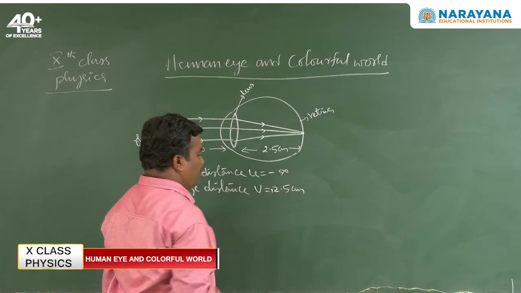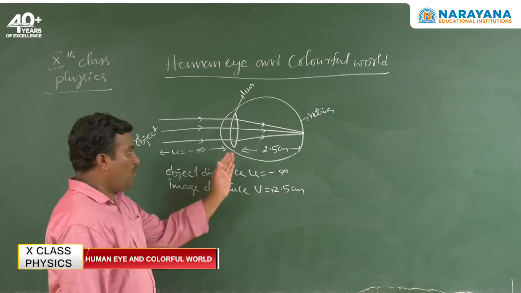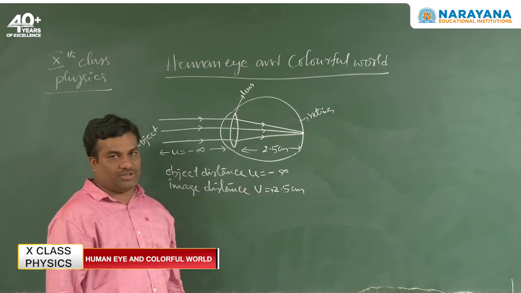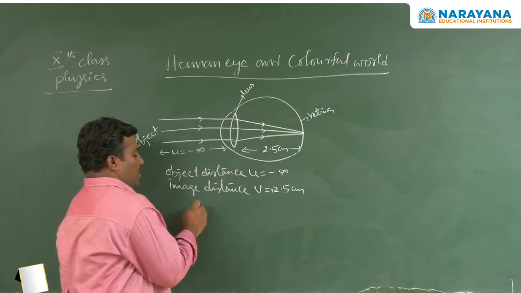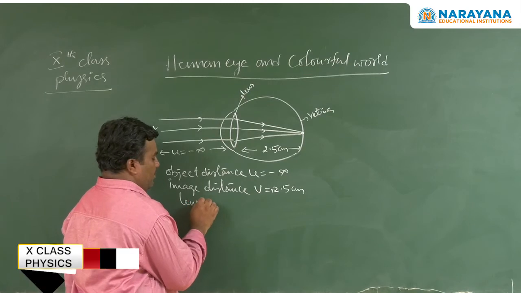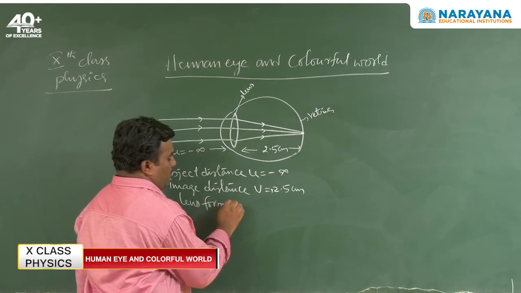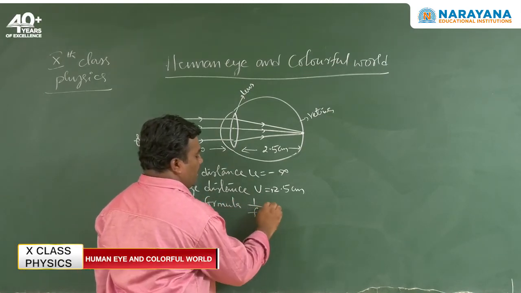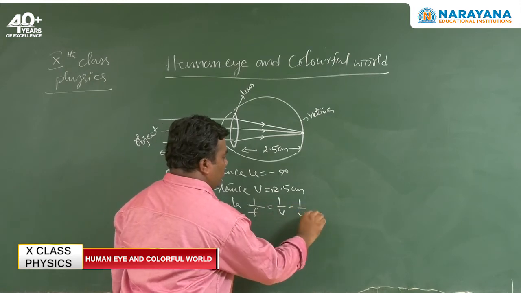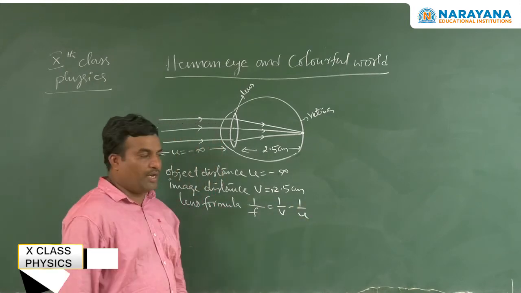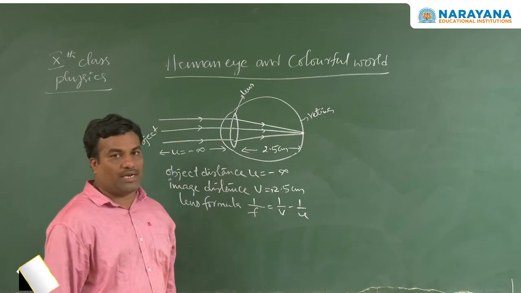It is plus, along the incident ray direction. Now we take the lens formula: 1 by f is equal to 1 by v minus 1 by u. Now we have to find the focal length.